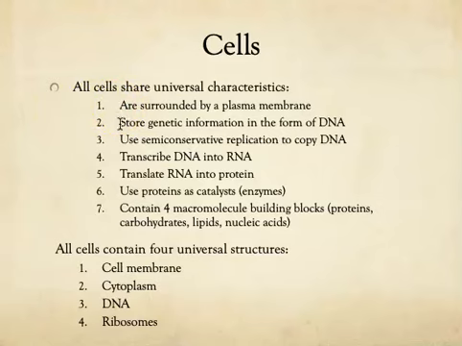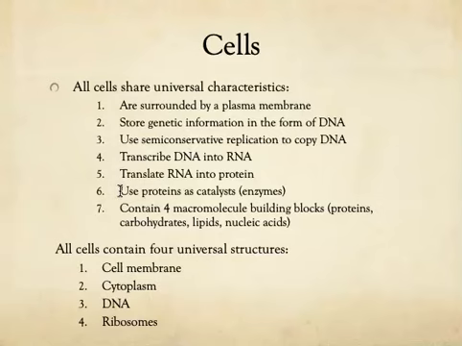All cells store their genetic information in the form of DNA. All cells use what we call semiconservative replication to copy that DNA at the time of cell division. All cells express their genes in the DNA. They transcribe the DNA into RNA, and they translate the RNA to produce protein. Remember, it's the proteins that living cells produce that give them their unique traits.